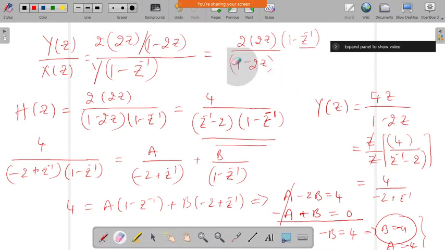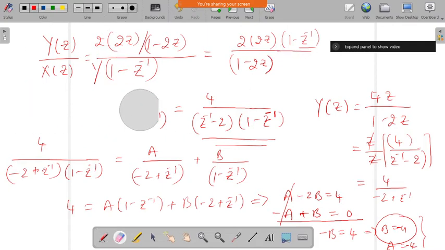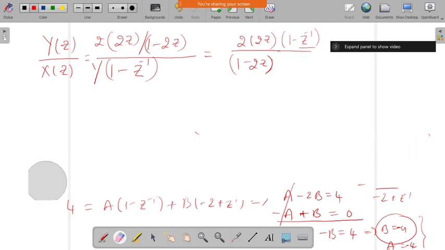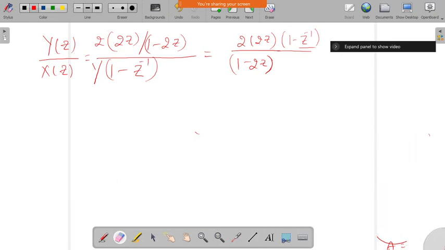Then we have to modify the h of z. So h of z will be equal to, whatever we got, 4 by minus 2 plus z inverse.